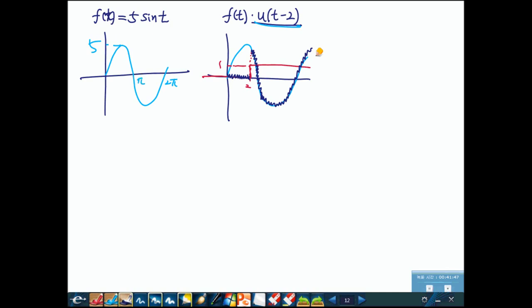Is this shifting of the original function? No, this is on and off. If you simply multiply by the unit step function, this is the off region and this is the on region. You have to clearly understand this. Then the last case: what about f of t minus 2 times u of t minus 2?